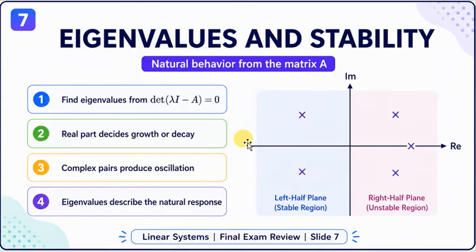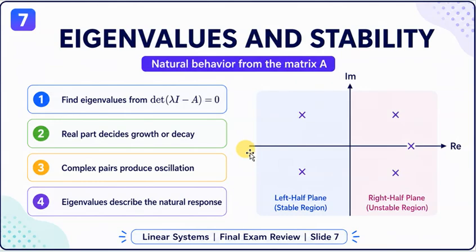Okay, concept number 6 is eigenvalues. To understand the natural behavior of our state space model, we look at matrix A. We find the eigenvalues by solving the determinant of lambda I minus A equal to 0.